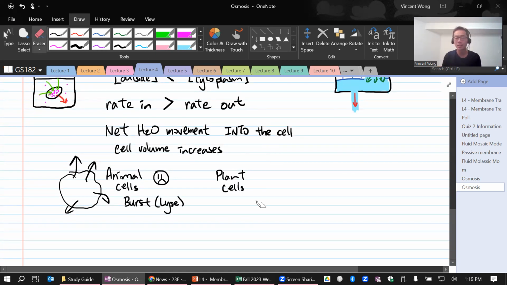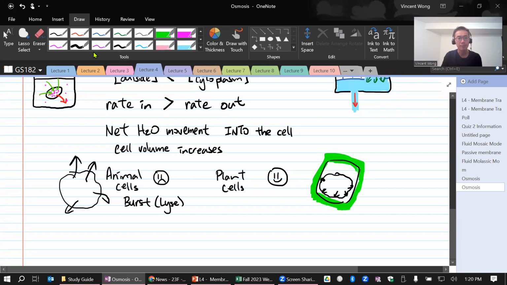Justine answered already. They have a cell wall. That's right, so they're happy. So this is the plant cell. All the water will fill up their vacuole, and then it will be pushing against the cell wall. So the cell wall prevents bursting.